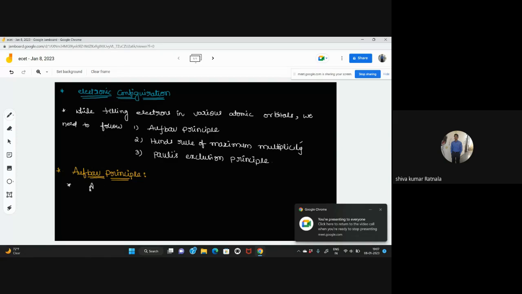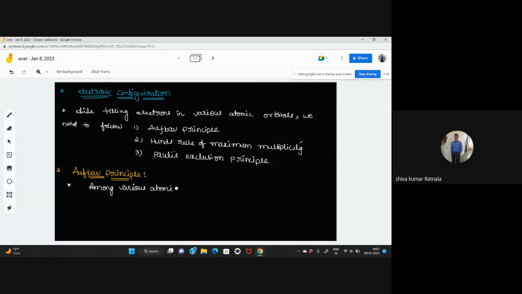Among various atomic orbitals, electrons are filled in increasing order of the energy levels of orbitals.